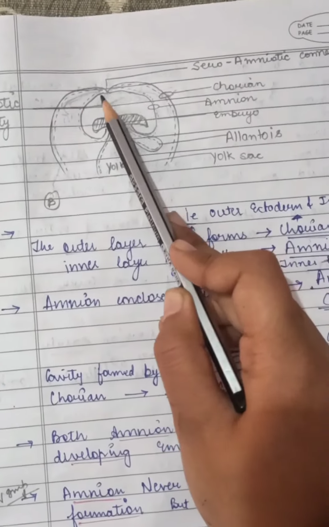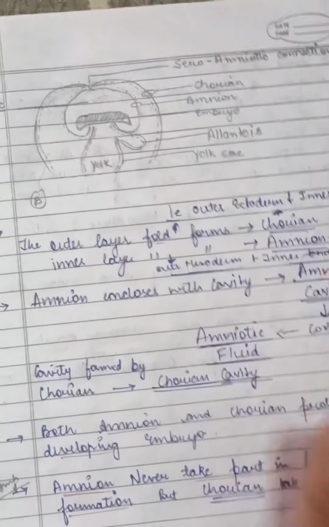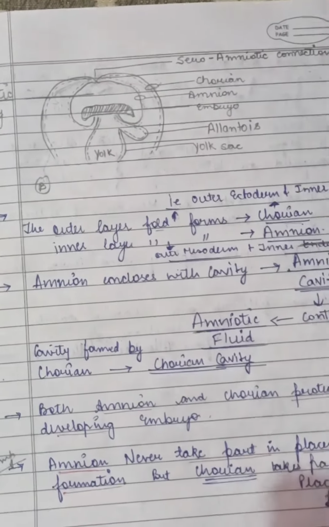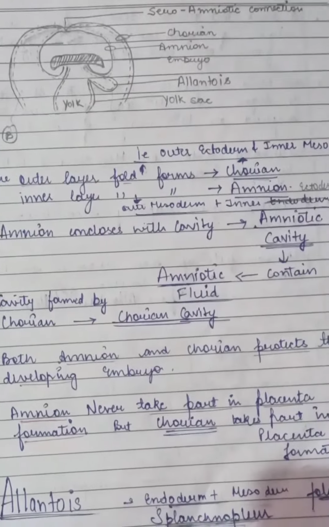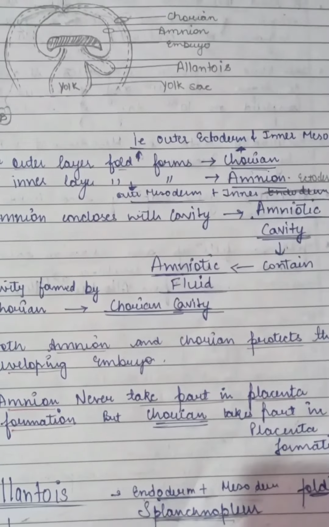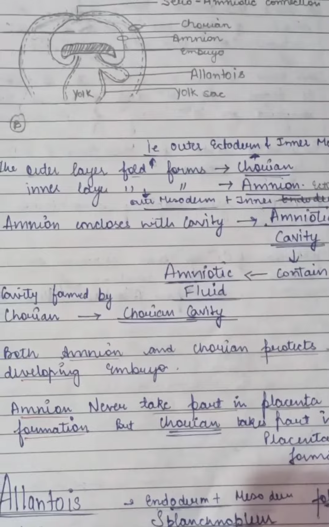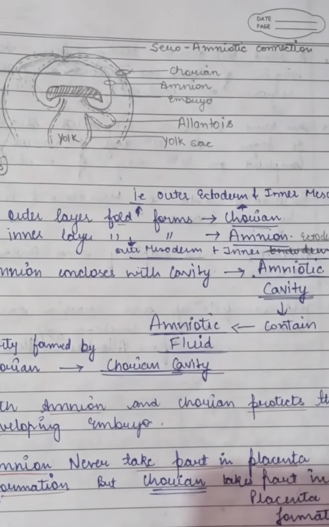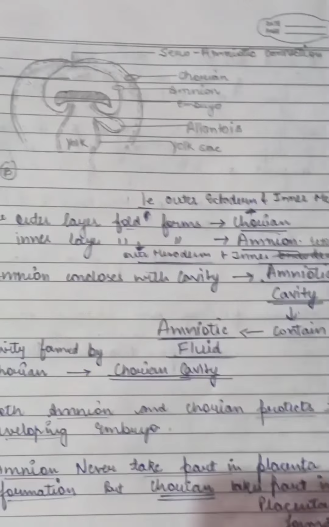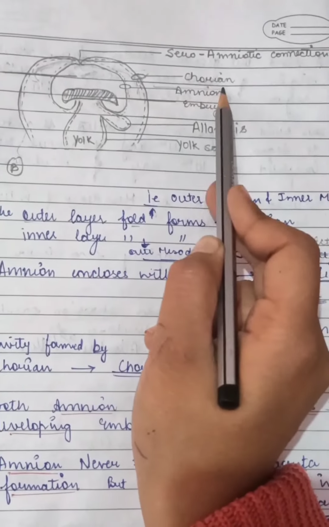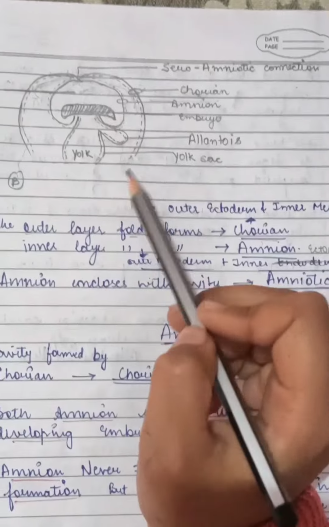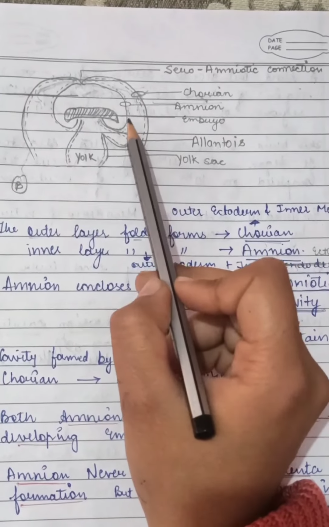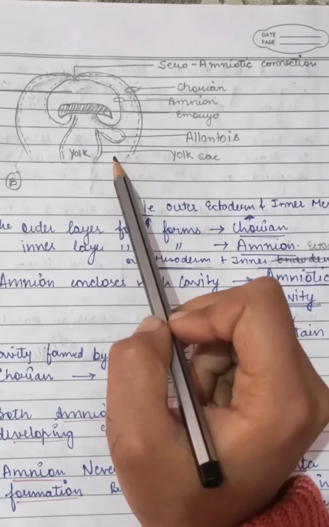The outer layer fold, that is outer ectoderm and inner mesoderm, forms the chorion, and the inner layer, that is outer ectoderm and inner mesoderm folding inward, forms the amnion. It is the embryo which is getting developed.